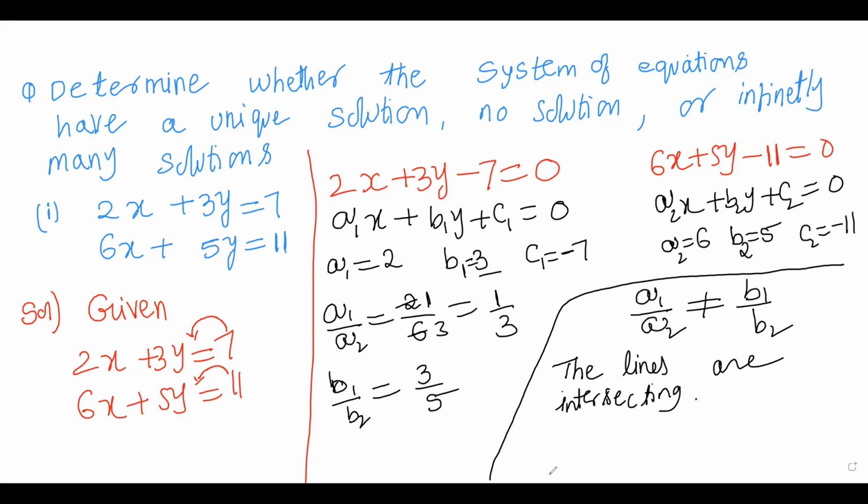And intersecting lines have a unique, or one, solution. So the given lines have a unique solution. That's it.